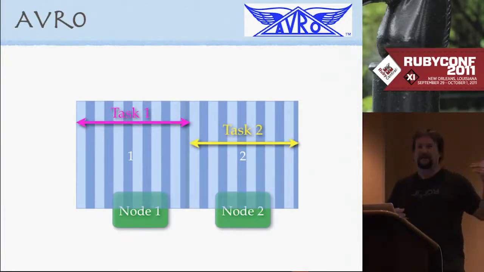So the amount of data that has to move between data nodes in Hadoop is reduced to probably less than just a few K. And then task 2 can pick up there from that point and go further on. So this is the way that AVRO works out well in the HDFS system and works well with the task trackers.